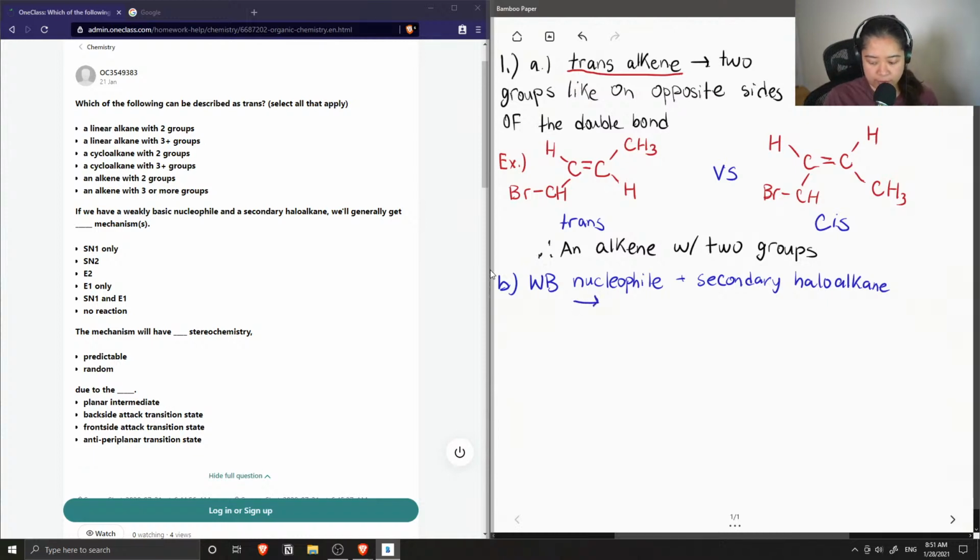So an example of this is an SN2 mechanism or an SN2 reaction.